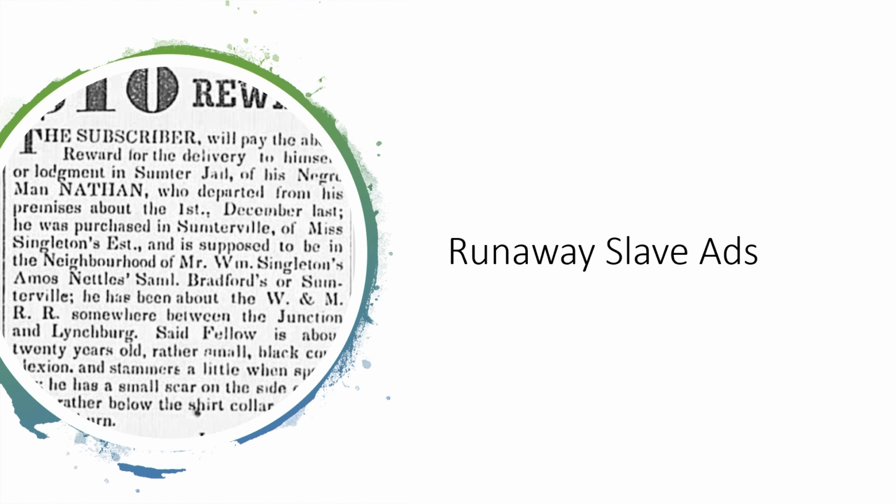Sometimes when we're researching in the newspaper and we put our ancestor's name in that little search bar, up pops some things that maybe we don't want to see. In this case, it's a runaway slave ad that lists several of my ancestors. It lists who owned him and what neighborhood they thought him to be running to.